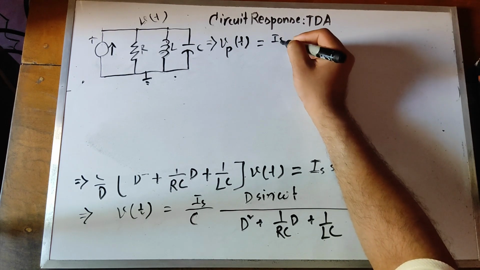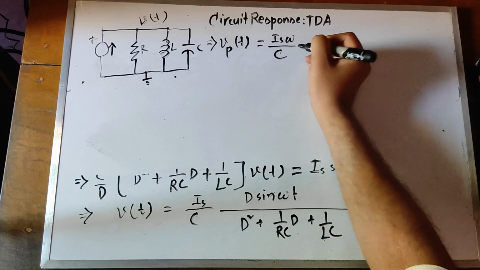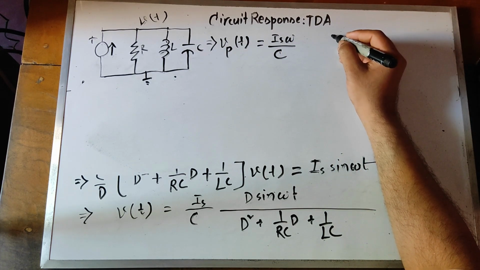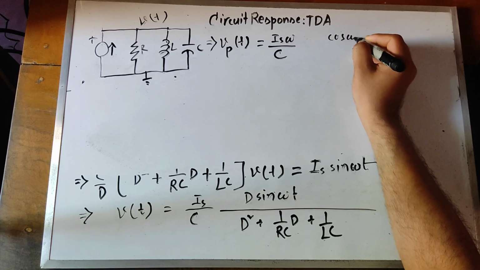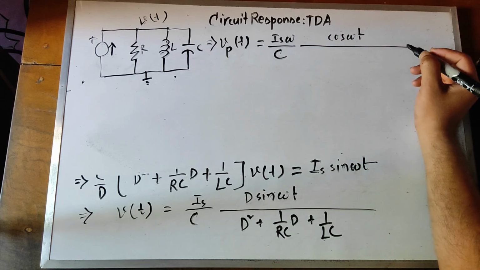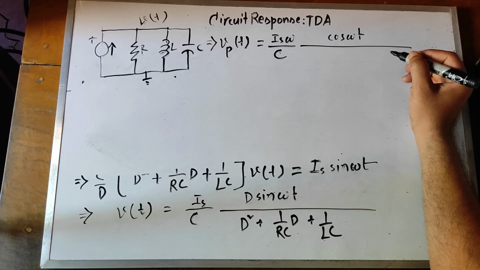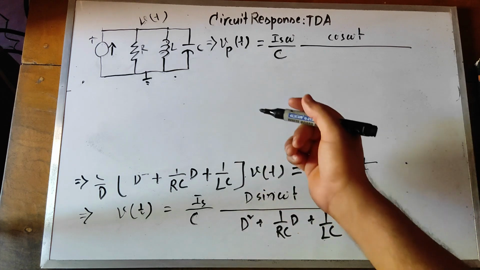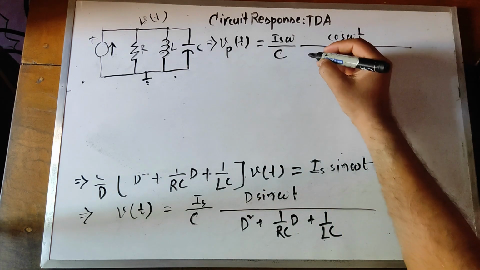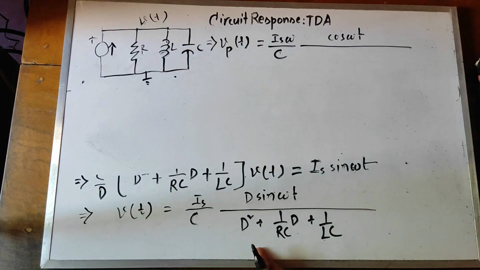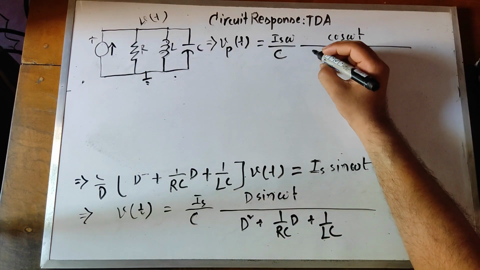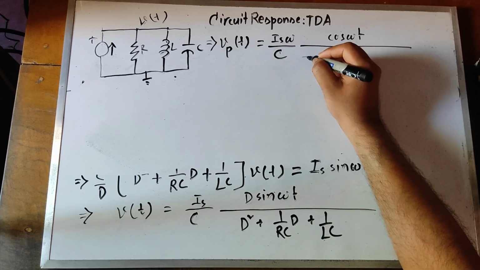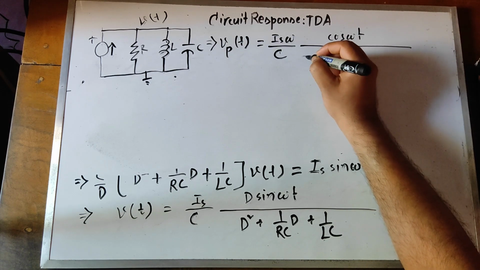So I_s omega will come out by C, and I will find cos omega t. Because of this, by the formula of the differential operator for particular integral problems, this D squared term in the denominator will become minus omega squared, due to cos omega t or sin omega t. So the formula will be the same for both cos and sin.